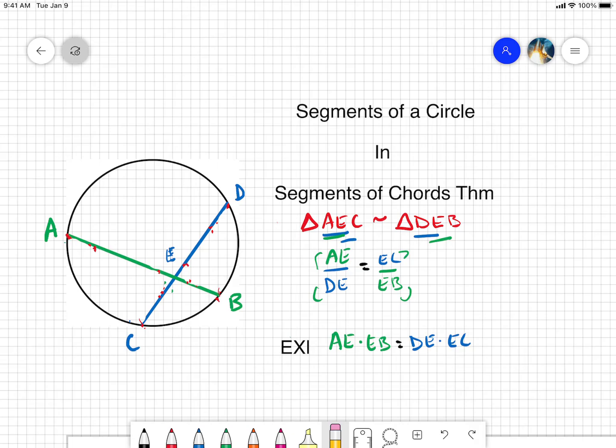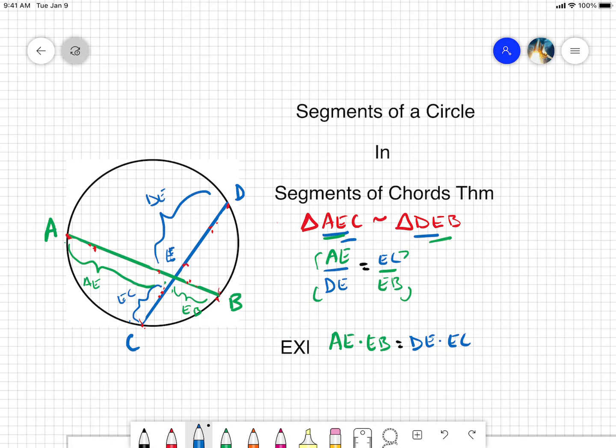It doesn't mean that each of the segments are congruent, but if I take the product of AE times EB, the two little pieces of the chord, and I also look at DE times EC, and find the product of those, it'll be the same.